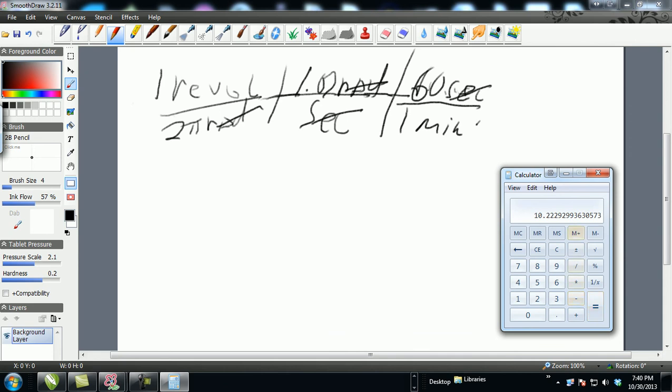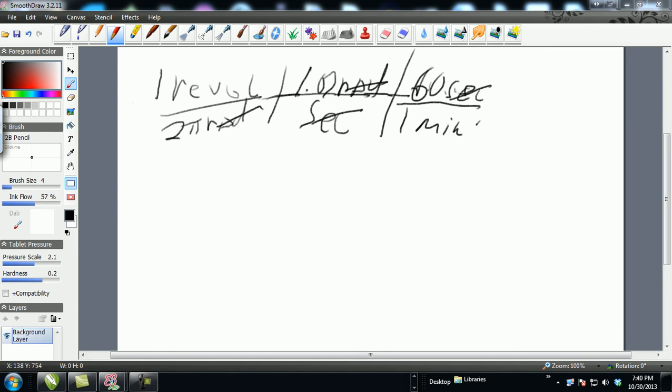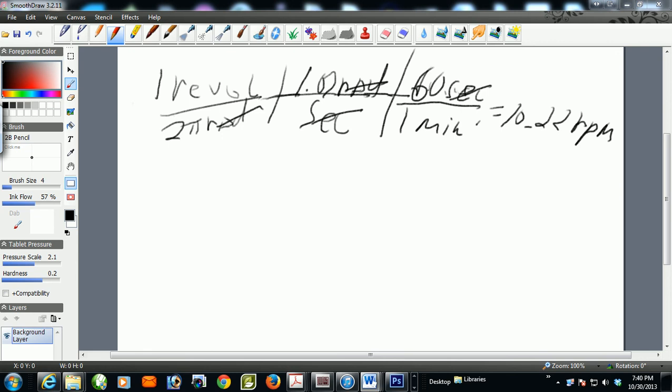Cool, 10.22. So I get 10.22 revolutions per minute. That's looking good. Yeah, good enough. I like it. That's number 2, rotation 1 worksheet. Cool.